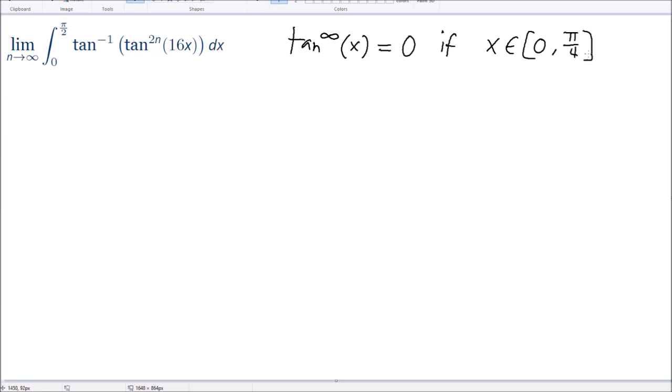And the reason is because x to the power of infinity will equal 0 if x is between 0 and 1. I probably shouldn't put closed brackets.